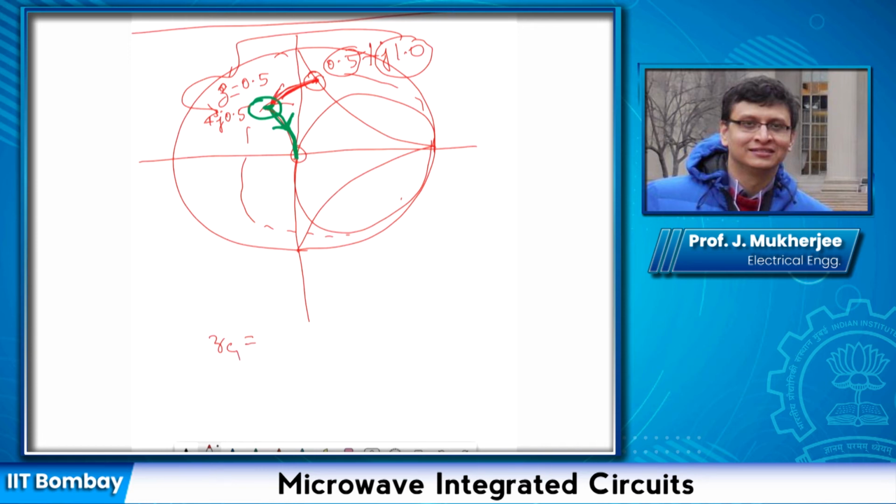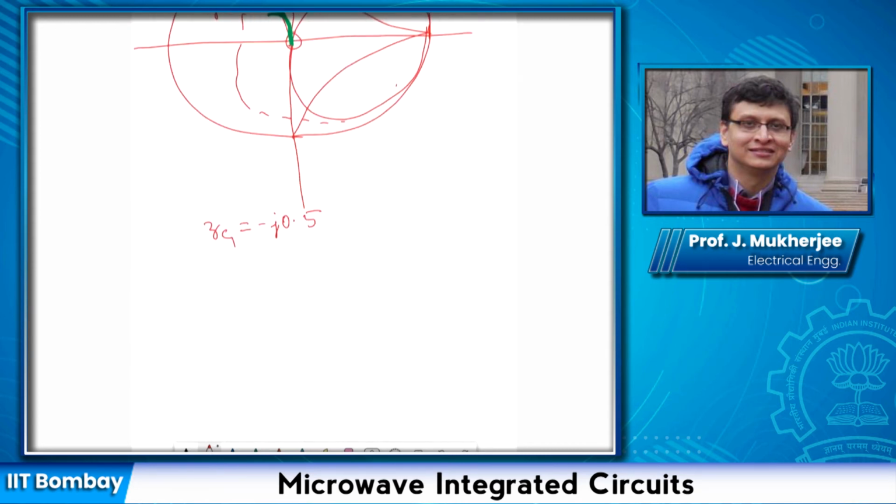Okay, so the impedance matching will be something like this. I started with 0.5 plus j 1.0. I added a capacitance minus j 0.5.